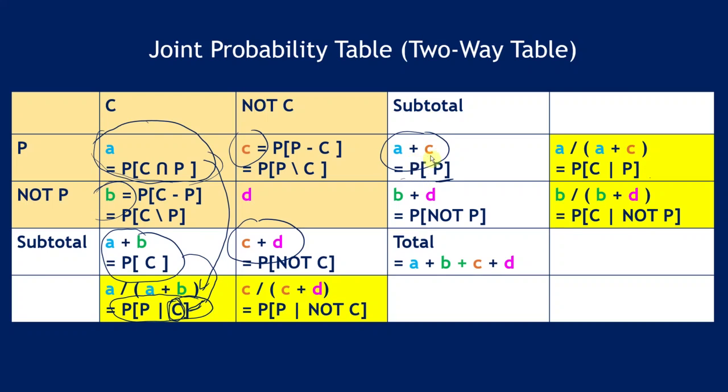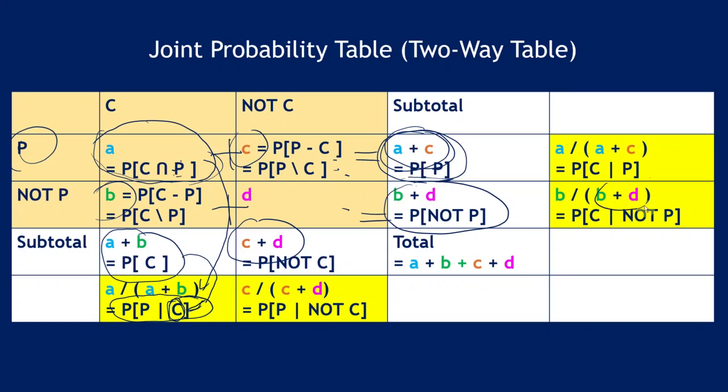So remember, A plus C and B plus D are subtotals for these two rows. So this is P. The probability of P is the subtotal, the sum of these two numbers. Probability of not P is the total of B and D. So B and D together, we'll get these.